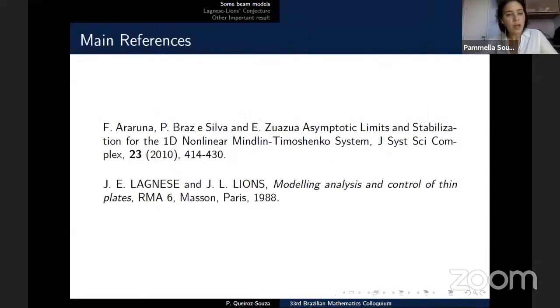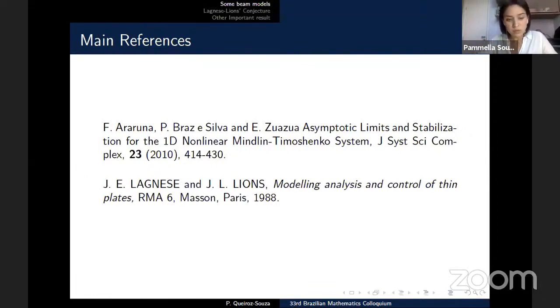Here we have the main references for the first part of my lecture. The first one is the paper where the authors studied the one-dimensional nonlinear Mindlin-Timoshenko system, and they gave a partial answer to the conjecture.